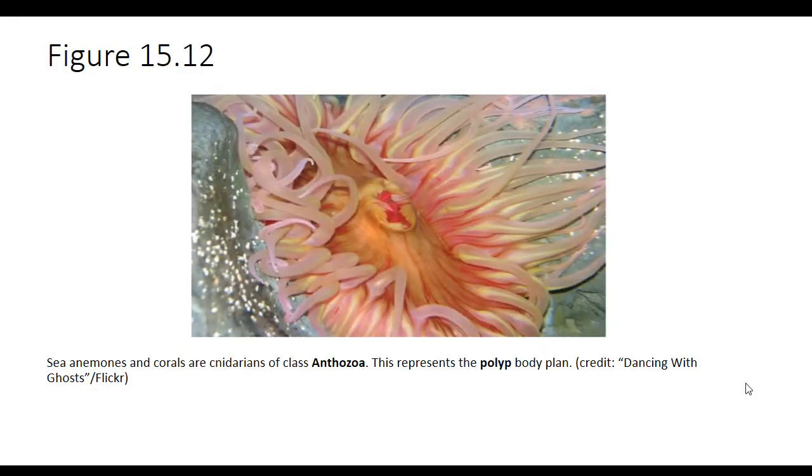Corals are also in this group. Corals live in colonies. So the hard rock part of a coral is actually a calcium carbonate structure that is produced by all the many little coral animals together. They build this structure that they all live in.